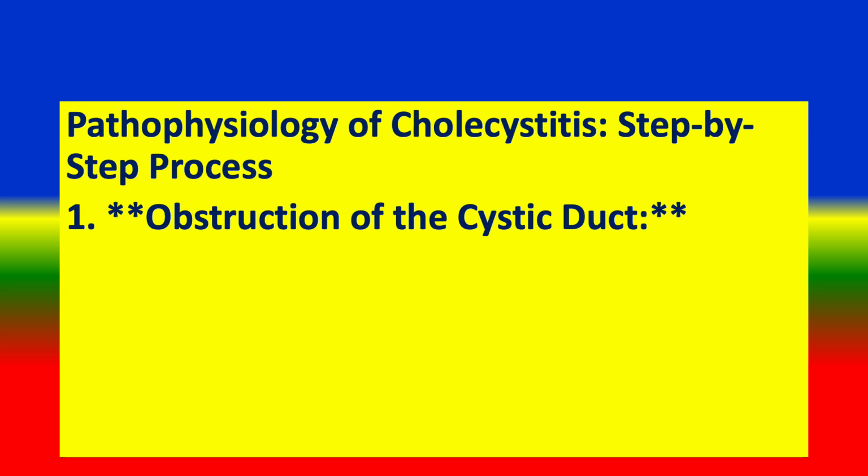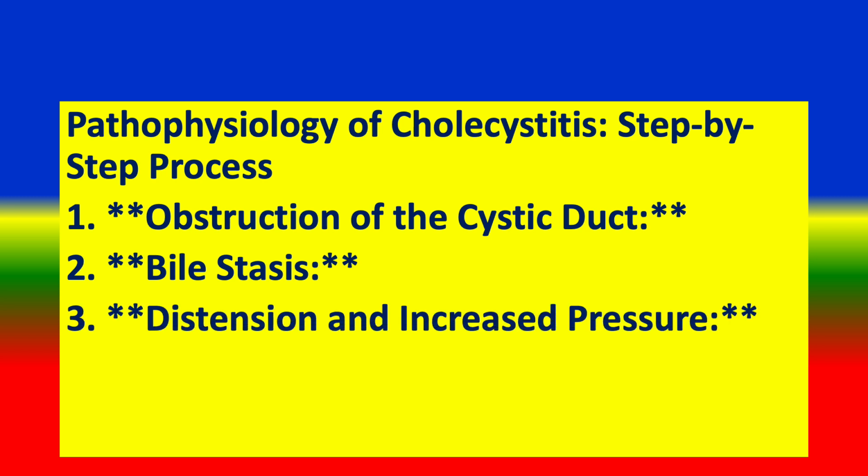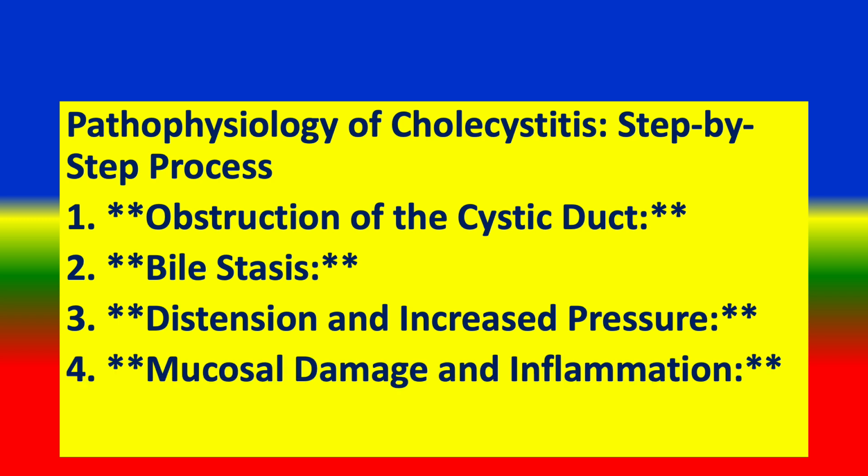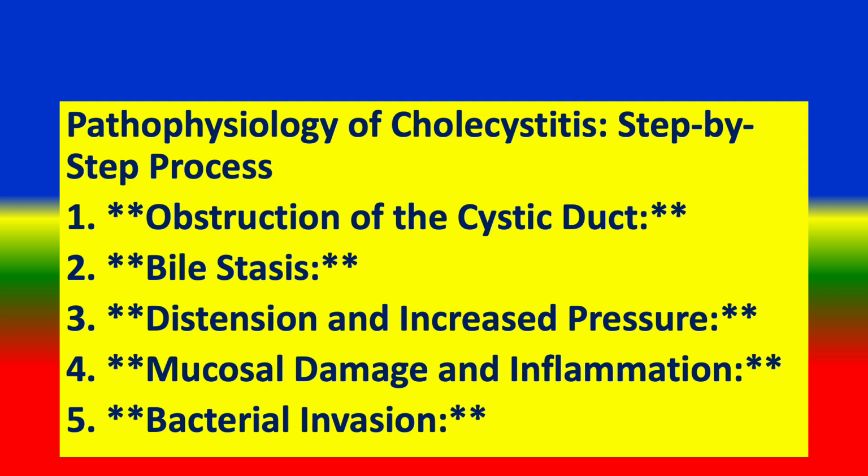Pathophysiology of cholecystitis, step-by-step process. 1. Obstruction of the cystic duct. 2. Bile stasis. 3. Distension and increased pressure. 4. Muscular damage or inflammation. 5.